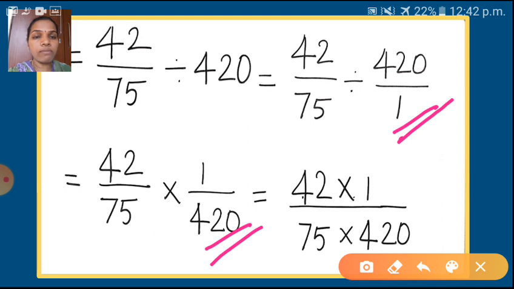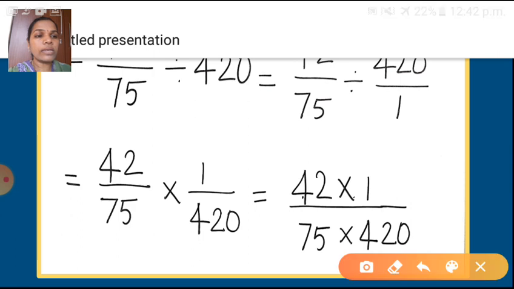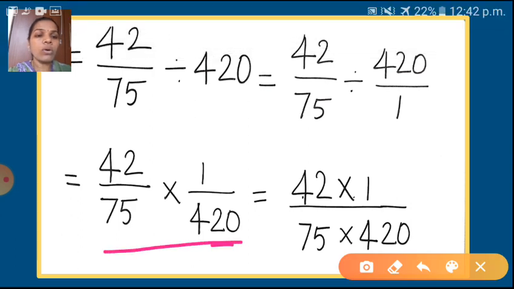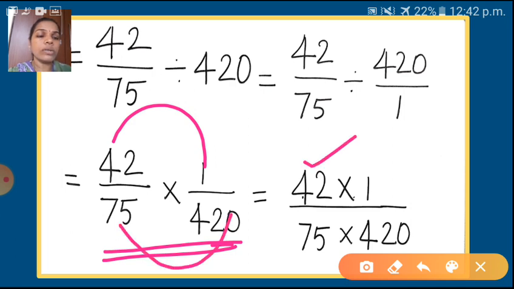Yes, 1 upon 420. That means 42 upon 75 into 1 upon 420 is equal to, see here, now you have to multiply. That means 42 into 1 upon 75 into 420.